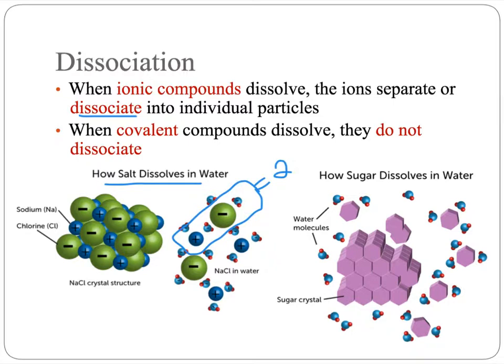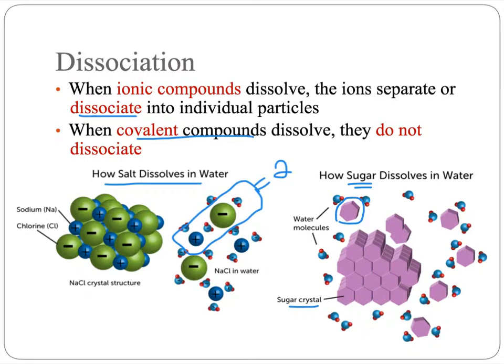In contrast, when covalent compounds dissolve, they don't dissociate. In our example of sugar on the right, each one of these little hexagons represents a sugar molecule, and it doesn't break apart into any of its component parts. It just comes off the major crystal, but the actual sugar compound, say this is table sugar, that C12H22O11 molecule, is going to stay intact.